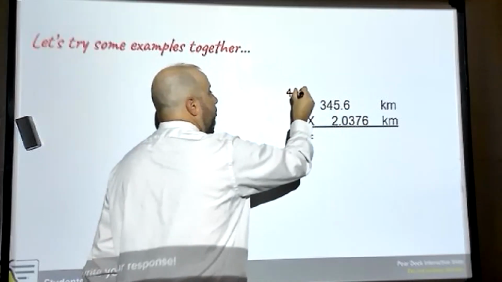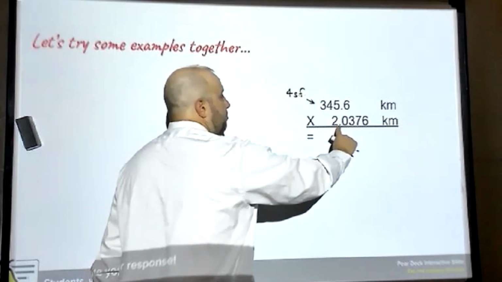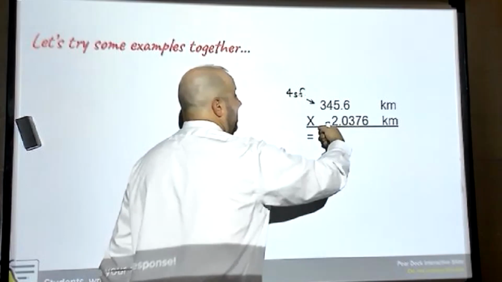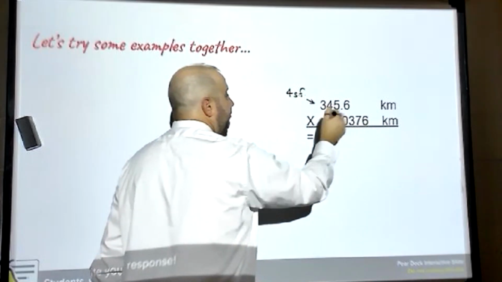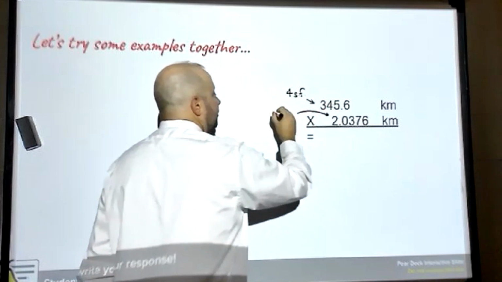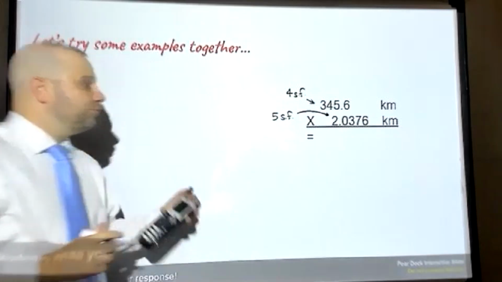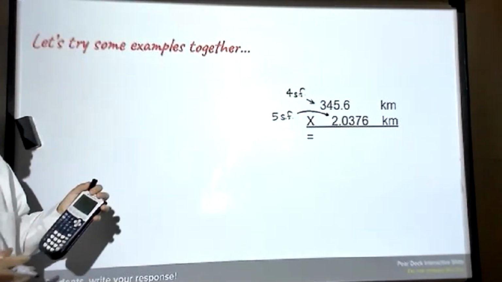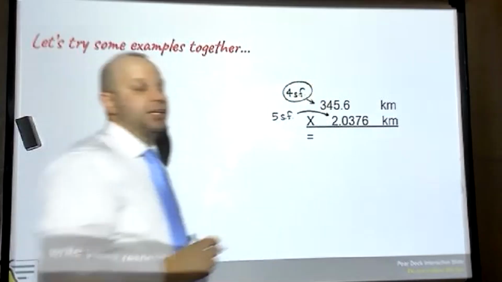So we have 4 significant figures here. Down here, this number has a decimal place. So again, we're going to count in this direction. We have 1, 2, 3, 4, 5. 5 significant figures. So in this case, our answer is going to be limited by this 4 significant figures.